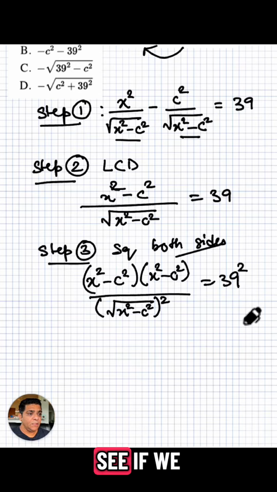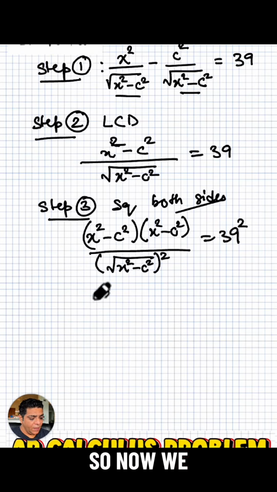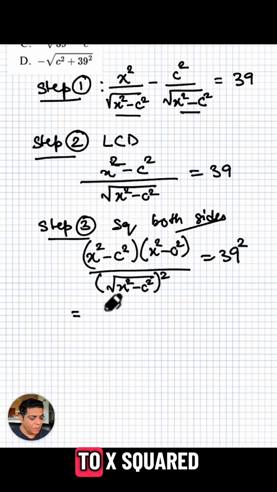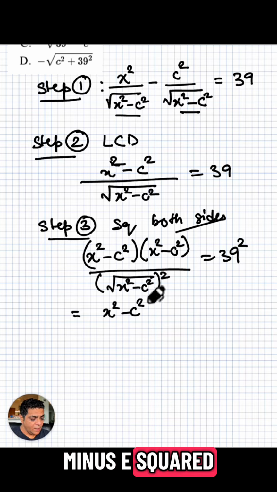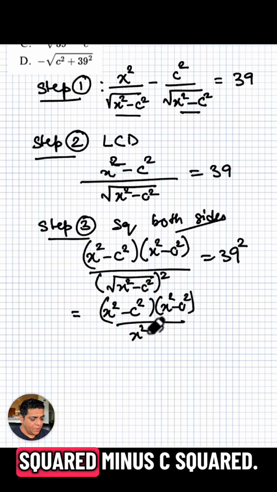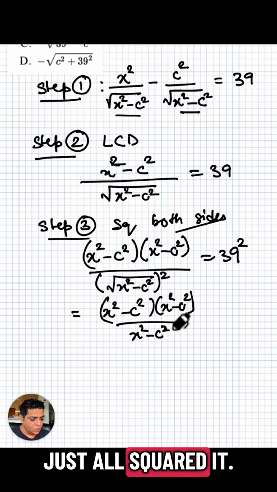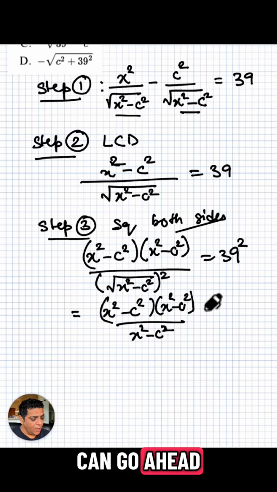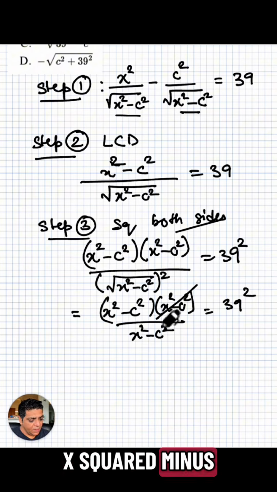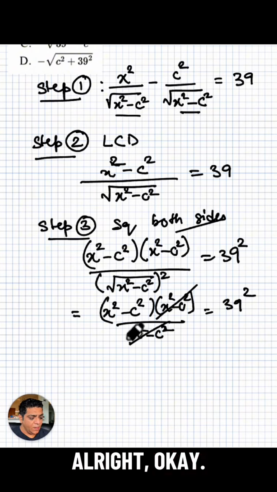Let's see if we can simplify this a little bit. We have x squared minus c squared times x squared minus c squared, divided by x squared minus c squared. The radical is gone because we just squared it. Now I can cancel the x squared minus c squared, because these are all multiplications.